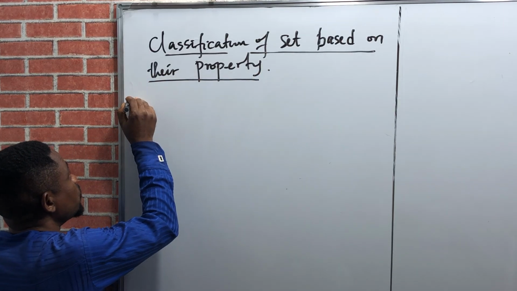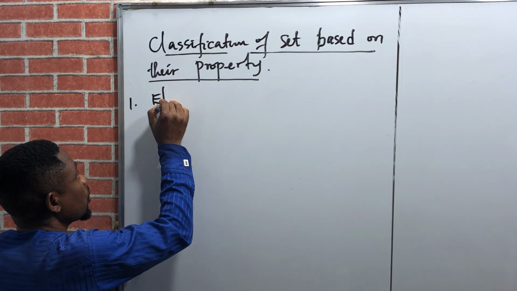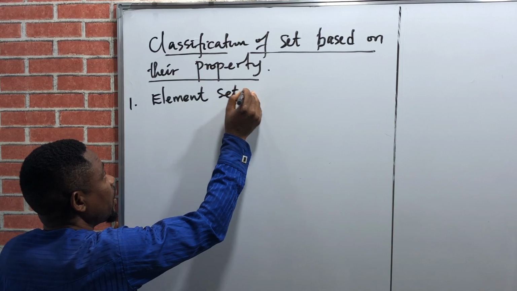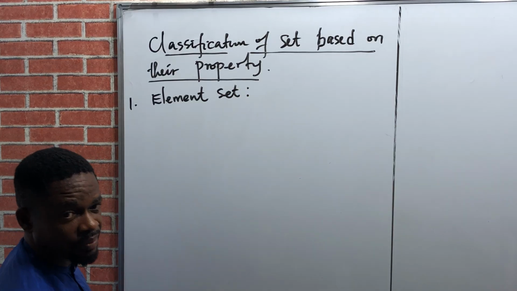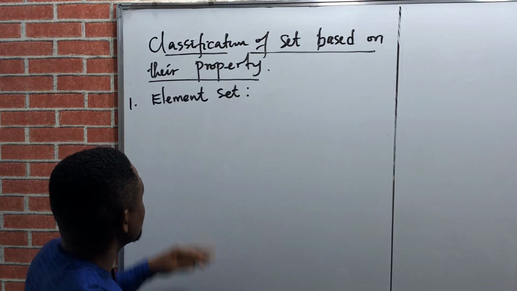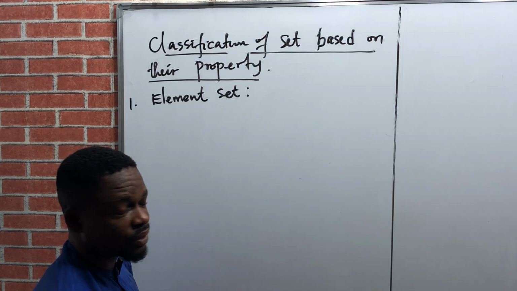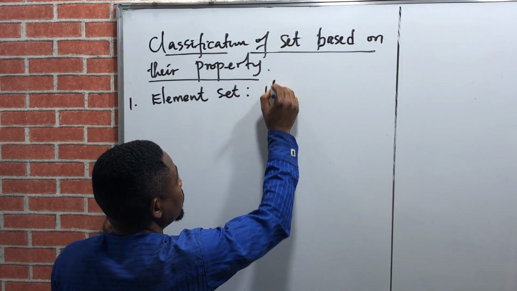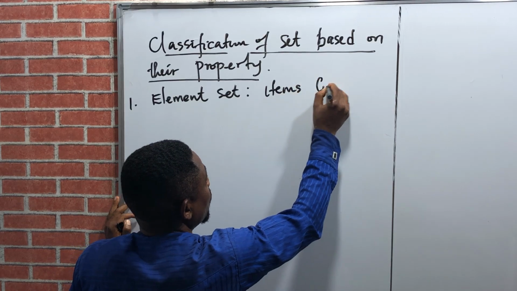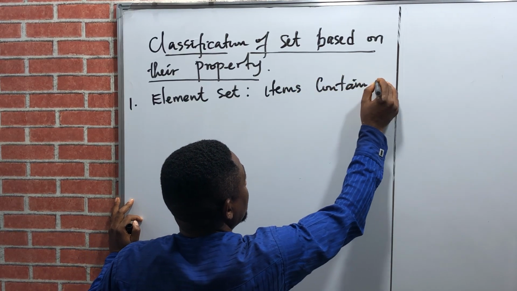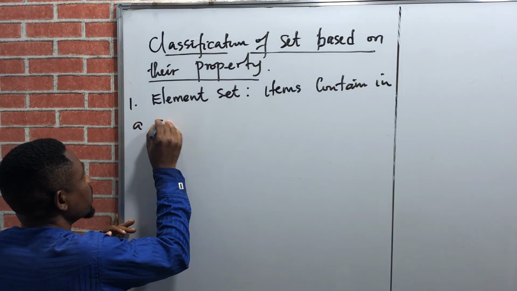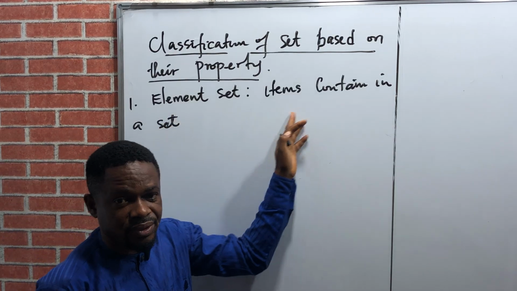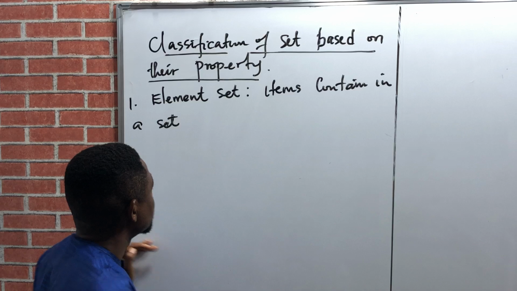The first one we are going to consider is the element set, which means sets can be classified based on their elements. Now, what is the meaning of an element set? Elements are those items contained in a set. I repeat, elements are those items contained in a set.